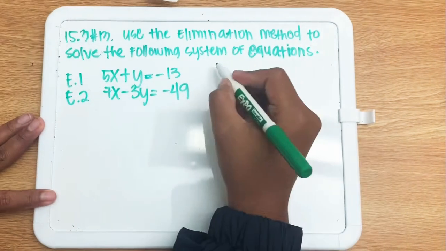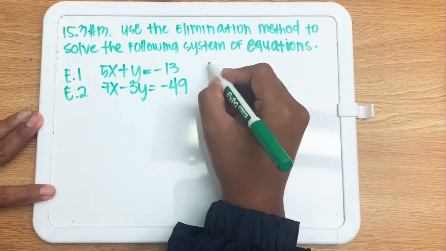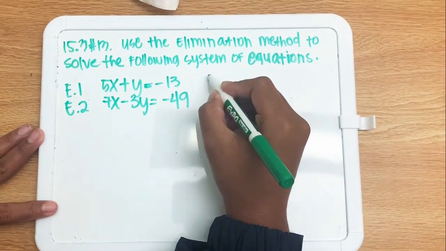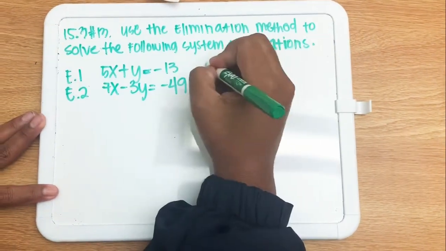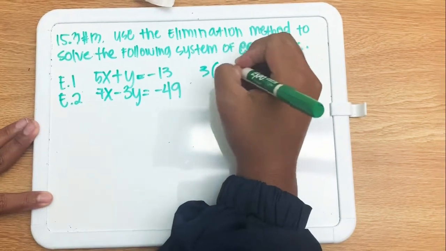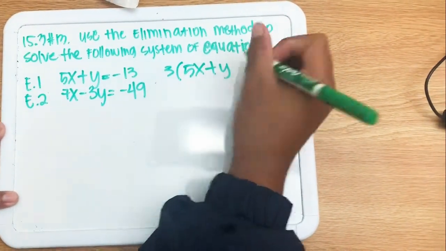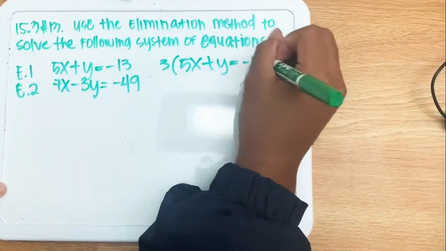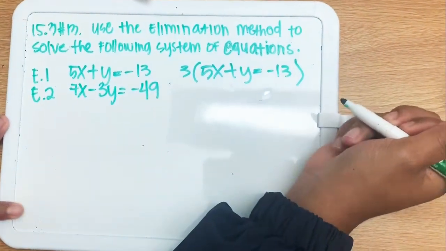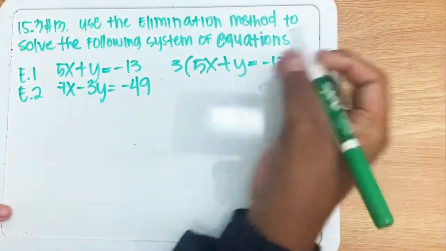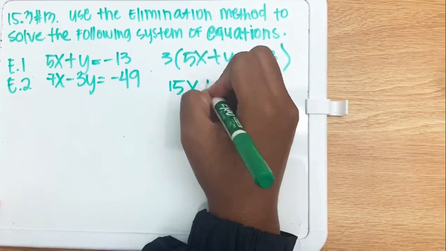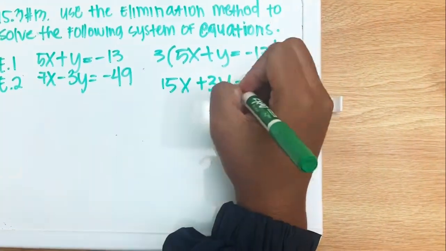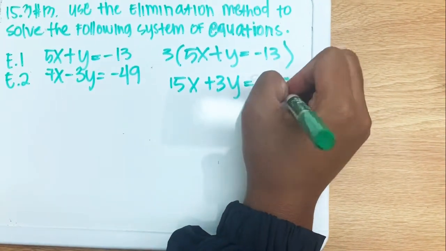In this problem, y looks easy to eliminate, so you rewrite the problem, and in order to eliminate y, you multiply the first equation by 3. So it'll be 3 times 5x plus y equals negative 13, which gives you 15x plus 3y equals negative 39.